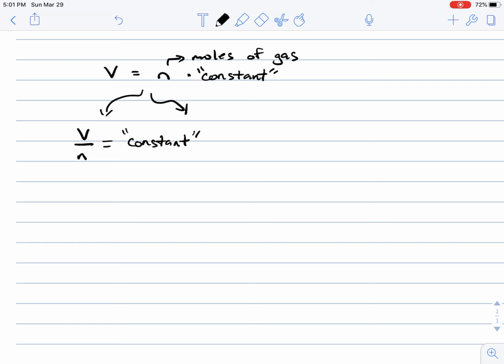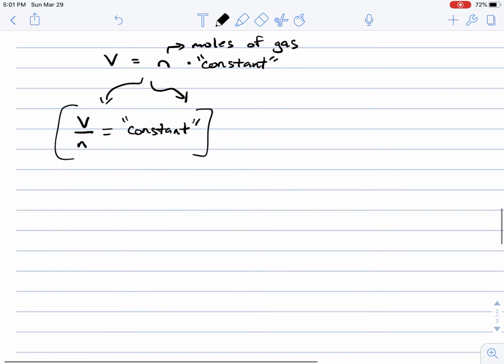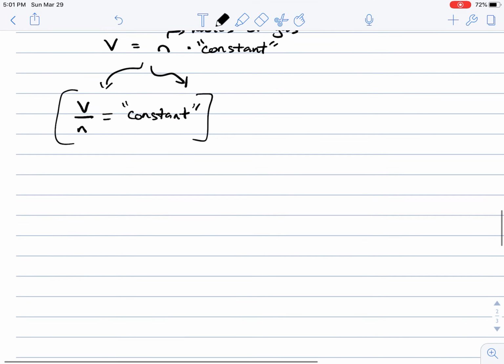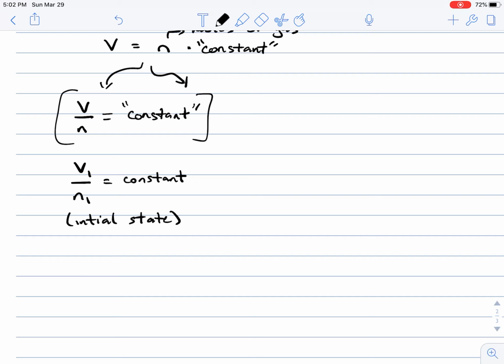And so we can use this fundamental equation, if you will, to represent both the initial state and the final state, such that V1 over N1 equal to some constant is going to represent the initial state, and V2 over N2, or the number of moles of gases, is going to equal that same constant, and this is going to represent the final state.